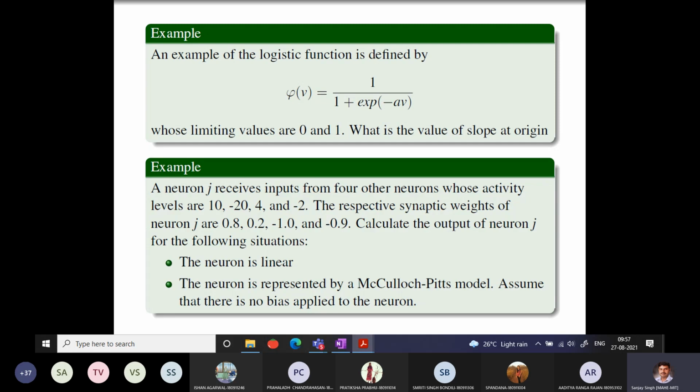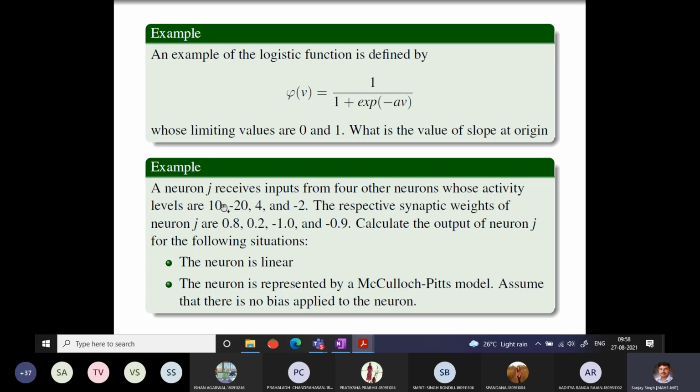Another example here: a neuron, let's say j, receives inputs from 4 other neurons whose activity levels are given. When I say activity levels, this is the value you are getting. The respective synaptic weights of neuron j are given, meaning these are the inputs and these are the synaptic weights. Calculate the output of neuron j for the following situation. First, the neuron is linear, meaning the activation function is linear, so whatever the activation potential, the output remains the same.